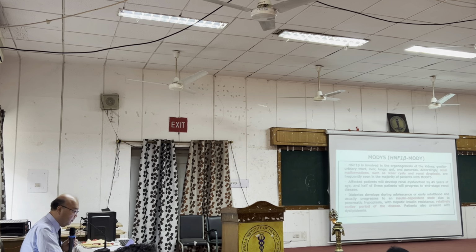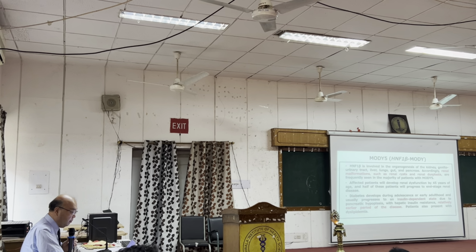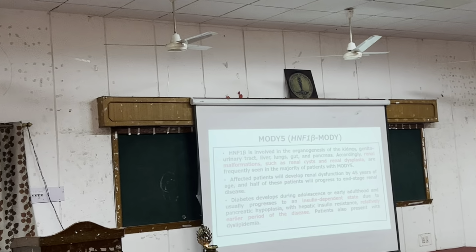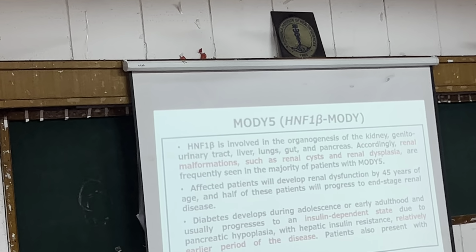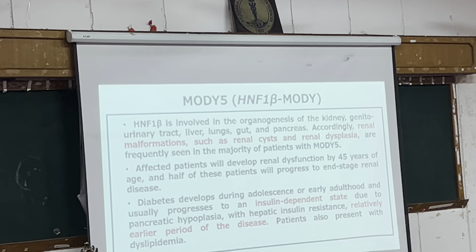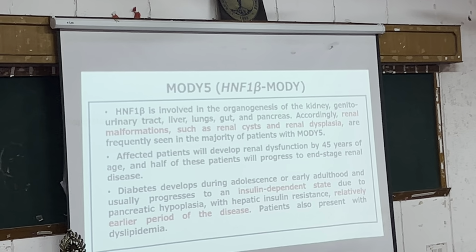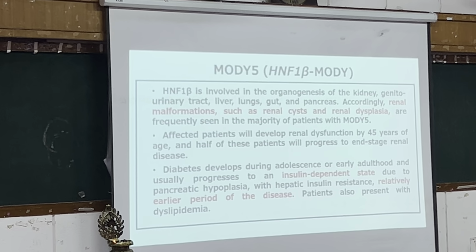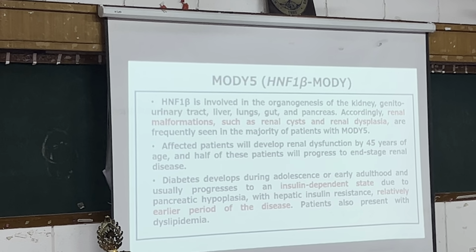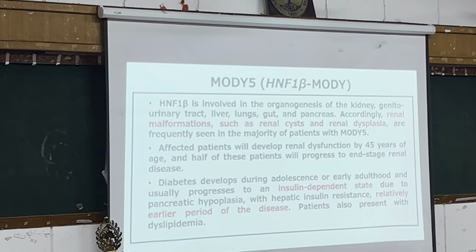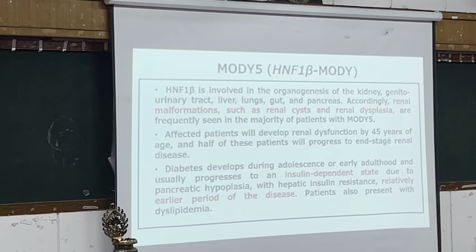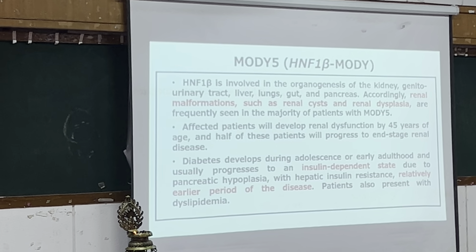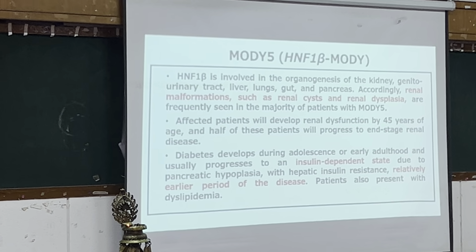Next, MODY5. HNF1-beta is involved in the organogenesis of the kidney, genitourinary tract, liver, lungs, gut, and pancreas. Accordingly, renal malformations such as renal cysts and renal dysplasia are frequently seen in the majority of patients with MODY5.